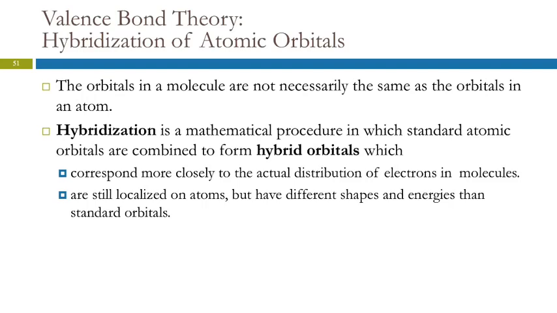But you take these two wave functions and you combine them together. This is going to form hybrid orbitals. So it's a combination of different kinds of orbitals. These correspond more closely to the actual distribution of electrons in molecules. These orbitals are still localized on the atom, but they're going to have different shapes and different energies than the regular atomic orbitals.